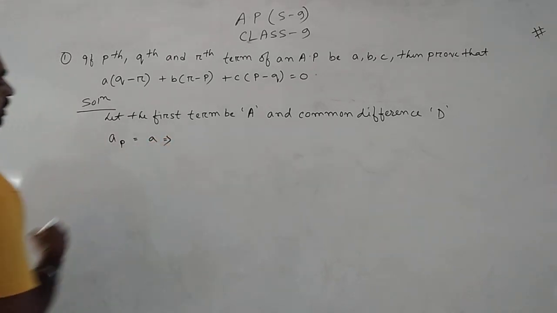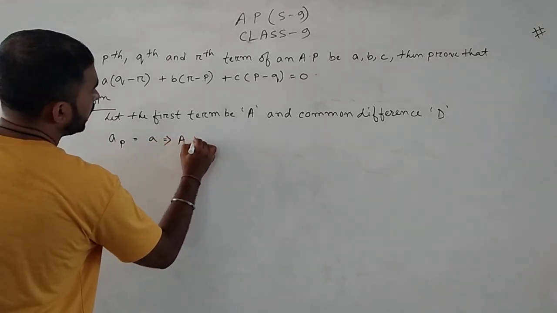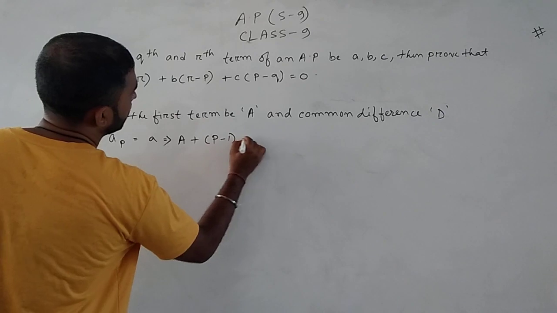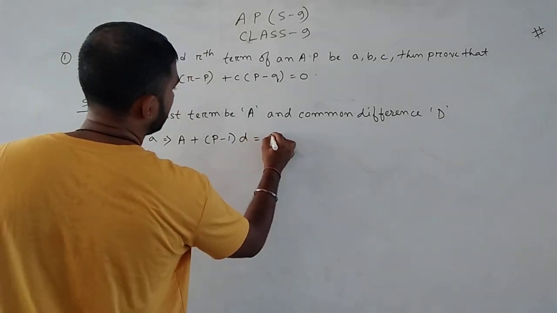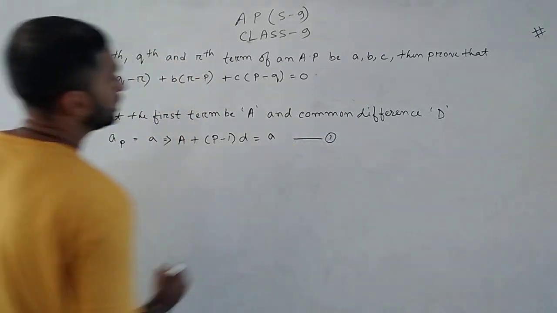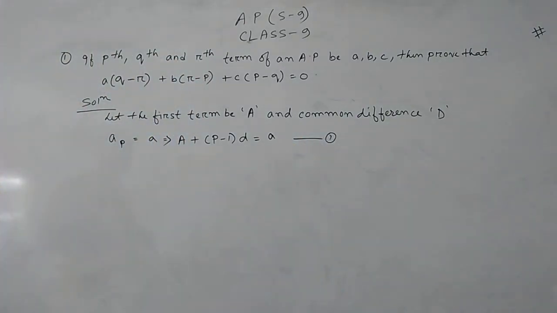Now A_p equal A plus p minus 1 D equal small a. Question number 1. The pth term is a, and pth term equal to A plus p minus 1 D is equal to small a.